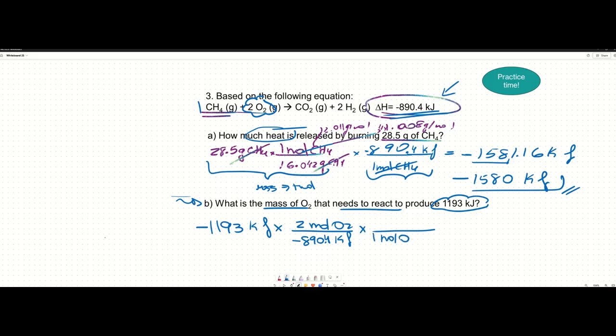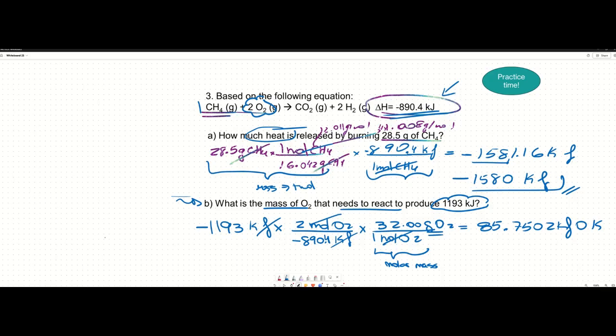So since I want mass, I'm going to use molar mass. I know that 1 mole of oxygen is 32 grams of oxygen, right? That is the molar mass that I'm using to convert moles to grams. So we're going to cancel units over here and end up with grams. So we're going to have 85.7502 grams of oxygen.